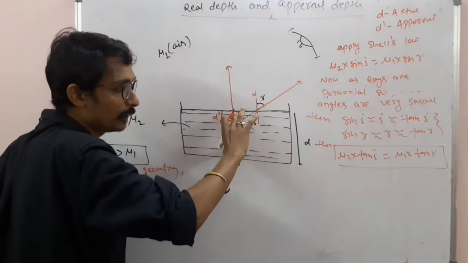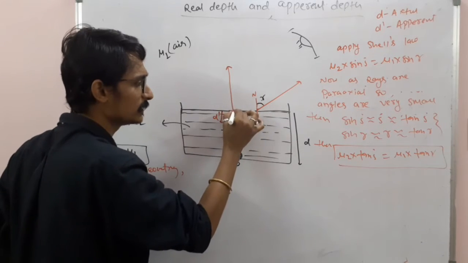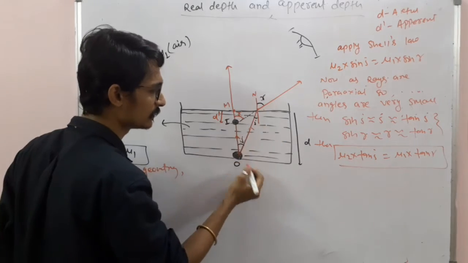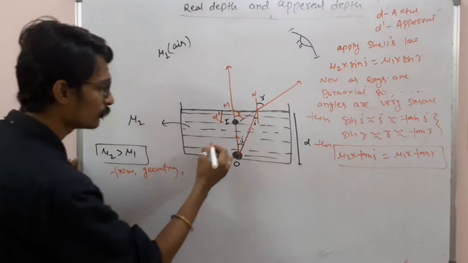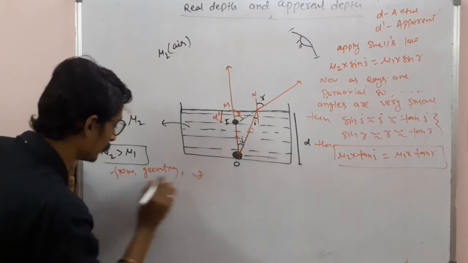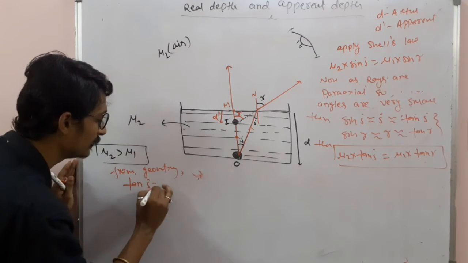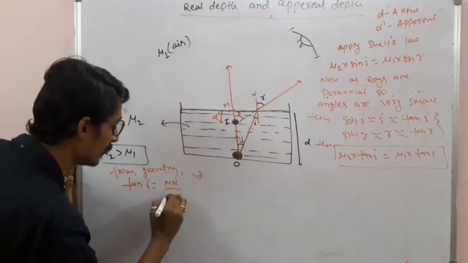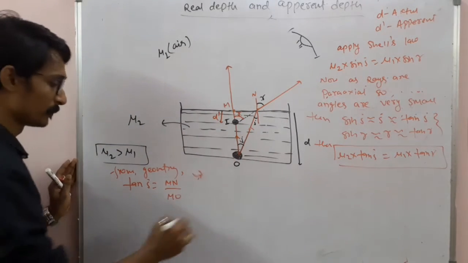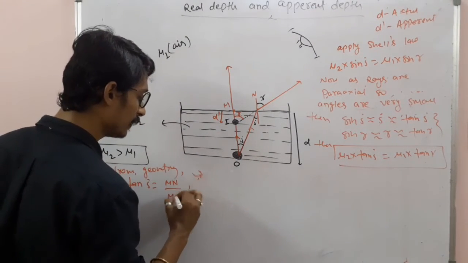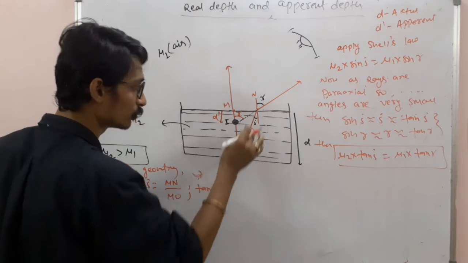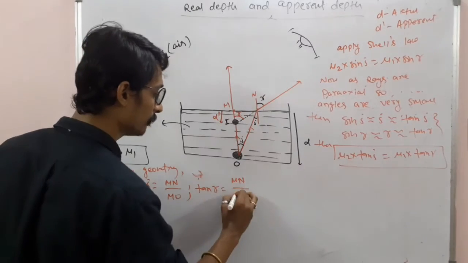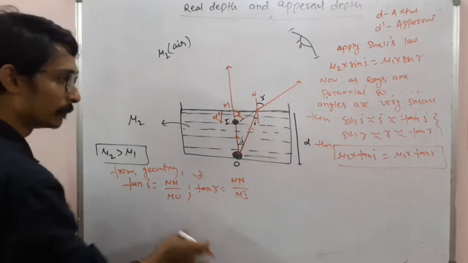Suppose I name this M, this is the normal N, this is O and I. From geometry, tan i is equal to MN divided by MO. Any confusion? And tan r is equal to MN divided by MI, since this is angle r. Any confusion?